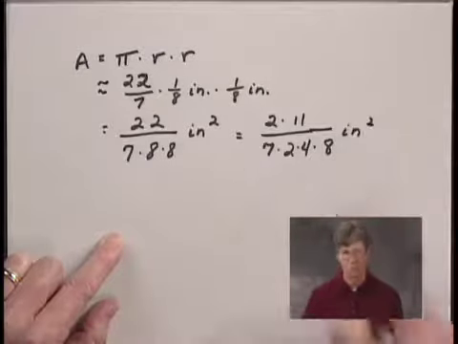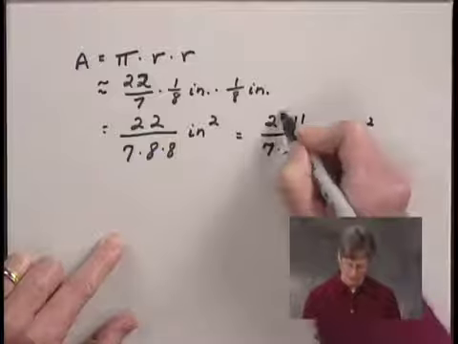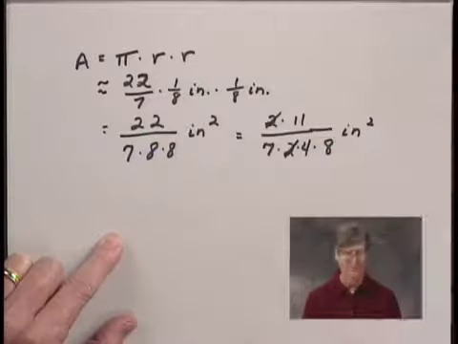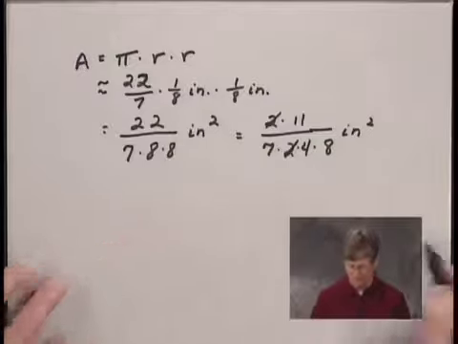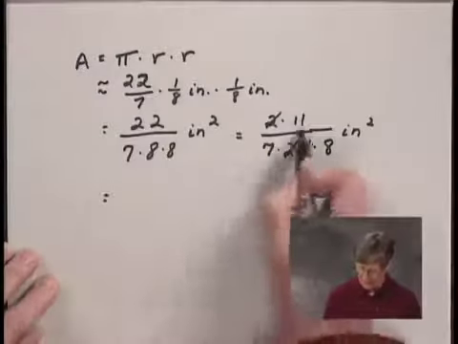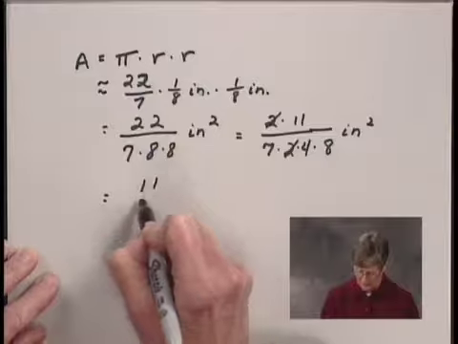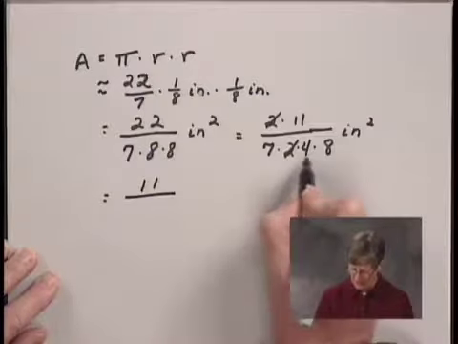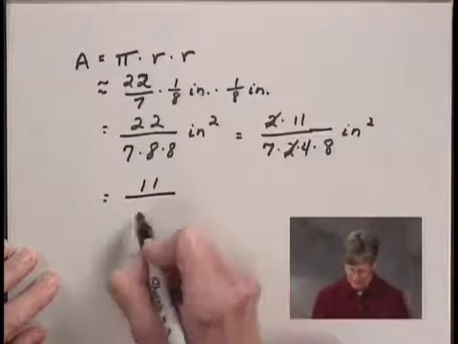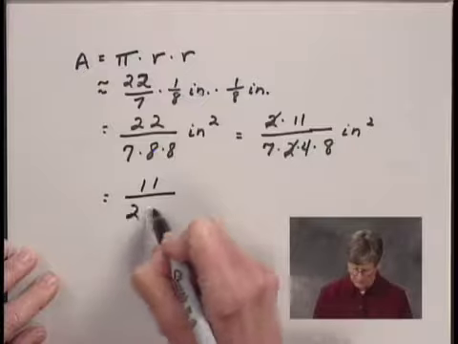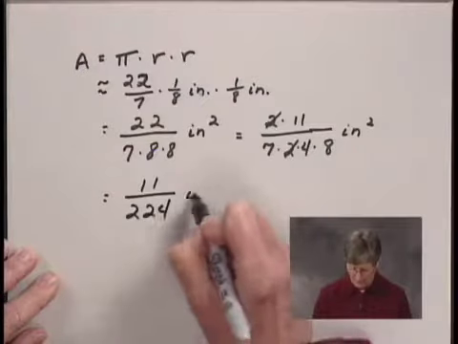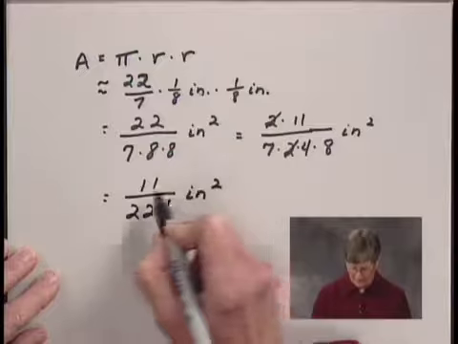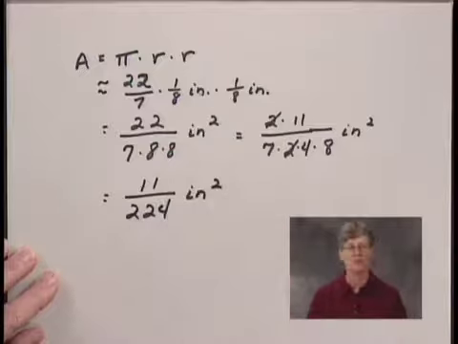Now I see that I have a 2 common to the numerator and the denominator, so I can remove the factor of 1 in the form of 2 over 2, or we can say that we cancel the 2's. And what's left? In the numerator we have 11, and in the denominator we have 7 times 4 times 8, and when we multiply that out we get 224. So the area is 11 over 224 square inches.